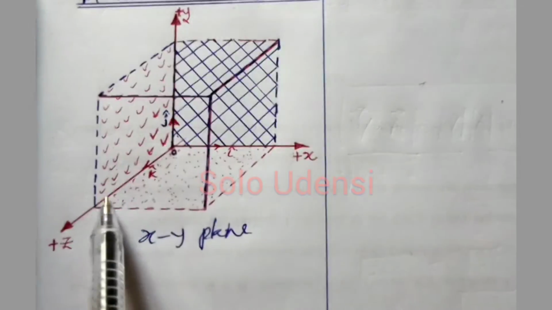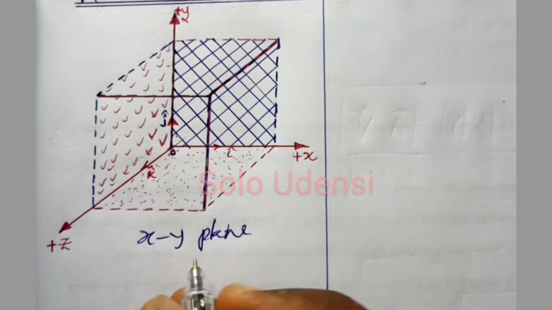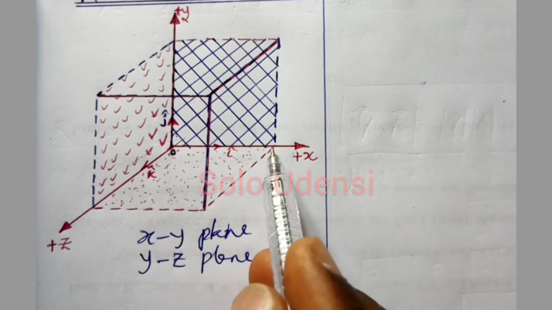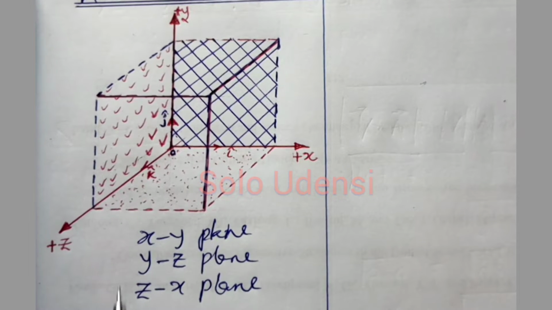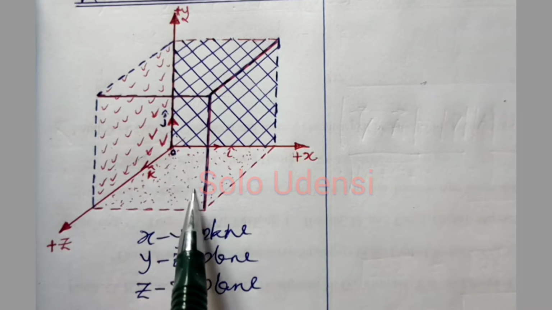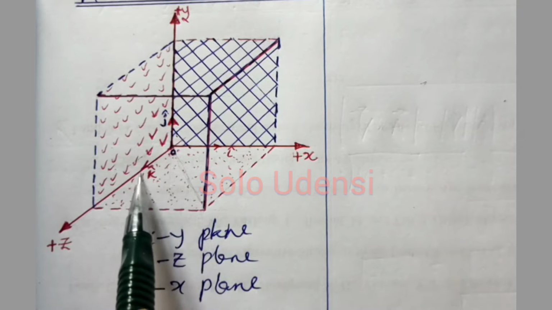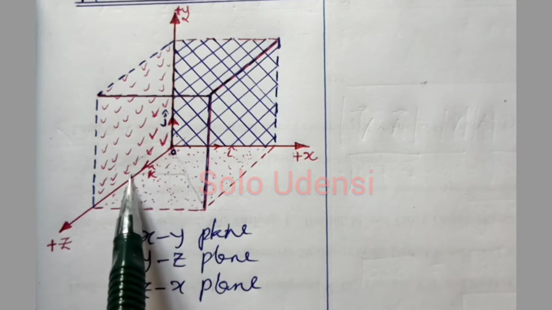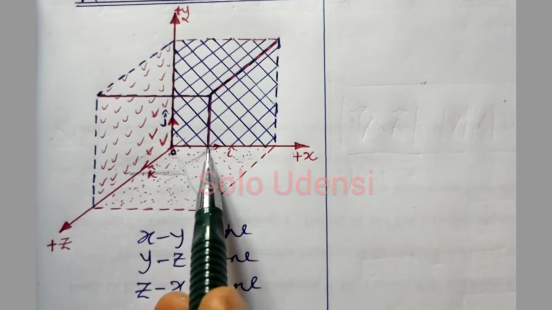This one is the YZ plane, whereas this one is the ZX plane. So for instance, if a motion is this way, you see that there will be a Z component and an X component here.